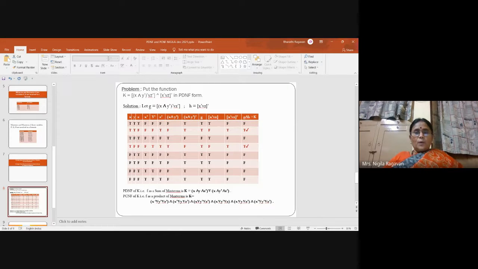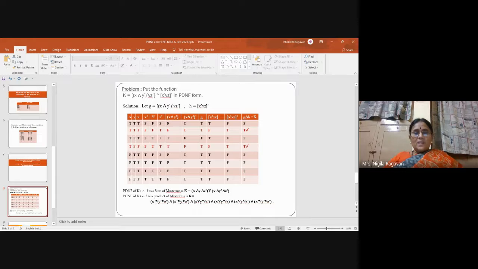In the fourth row, K gets the truth value T. What are the corresponding truth values of X, Y, Z in the fourth row? T, F, F. The corresponding minterm is X cap, Y dash cap, Z dash. Therefore, using these two minterms, find the sum of minterms.